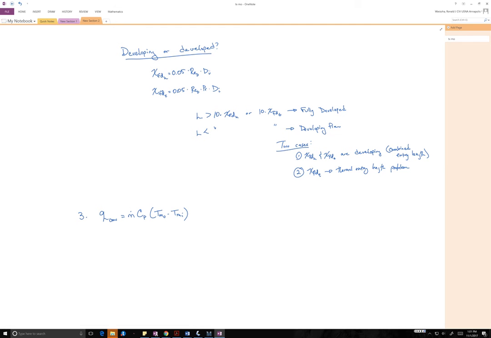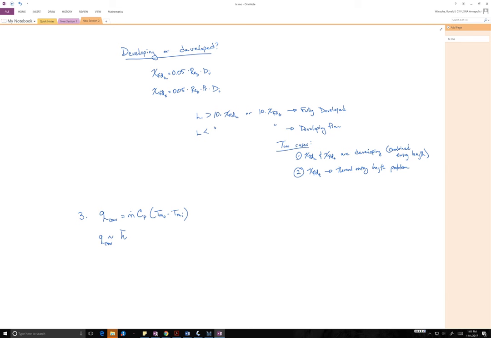We can also relate this to a convection coefficient. In this case, if it's the heat transferred by the entire length of the pipe into all of the moving fluid, then it's related to some average convection coefficient.